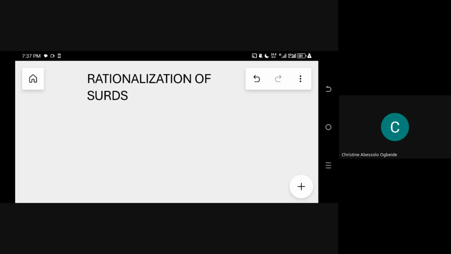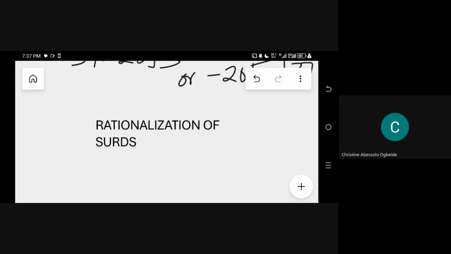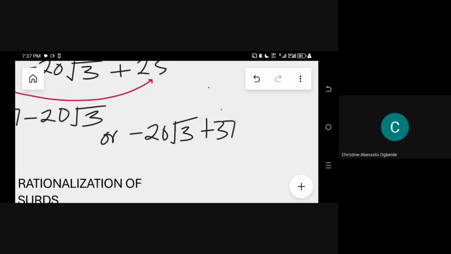Okay. To remove a square root, it has to be in a particular way before you'd want to remove the square root, because you see these answers we had now, there's a square root there but we didn't bother to rationalize. So what is the condition for rationalization?